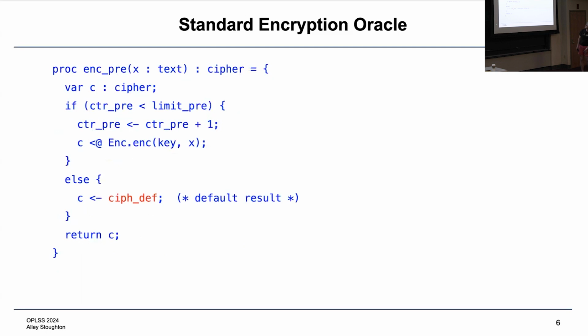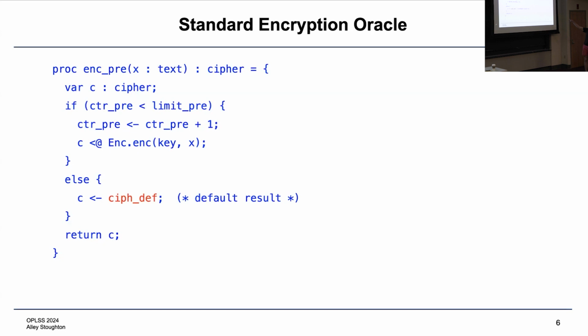That's what's stored in key. The counters are initialized to 0. Enc-pre encrypts a plaintext using this key, the key that the encryption oracle knows, but for instance, the adversary doesn't directly know. So it checks if the counter is still less than the limit for limit pre.